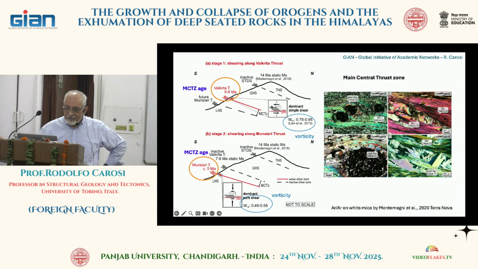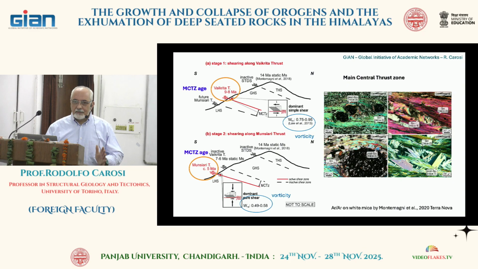Anyway, the Vaikrita Thrust was active between 9 and 10 million years with a vorticity between 0.75 and 0.95, pointing to dominant simple shear deformation together with a smaller amount of pure shear. After that, we had the growth of static mica at more or less 7 million years.